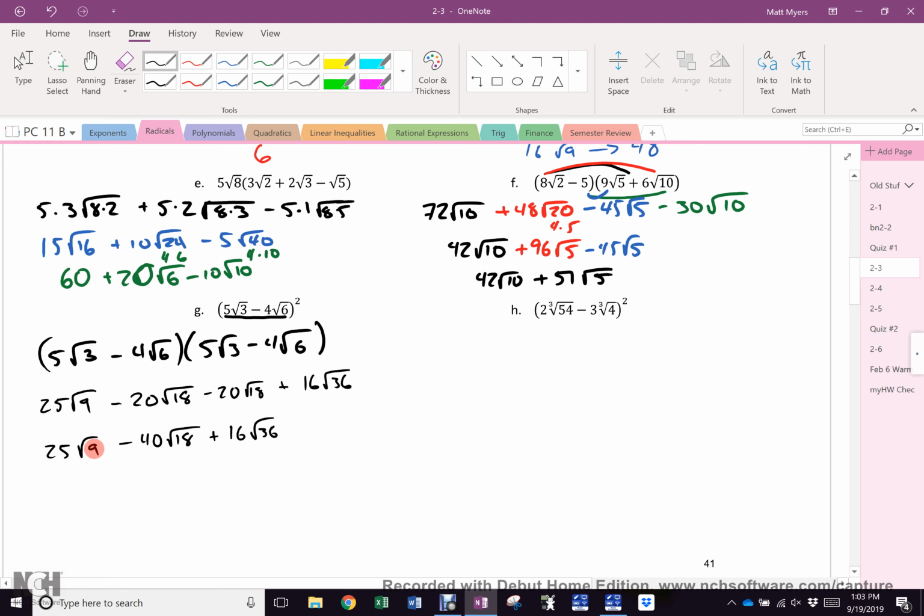Now I simplify. What's the square root of 9? What's here? What would you use? 9 and 2. So what's coming out? 3 times 25 is 75, and 3 times 40 is 120. And this?